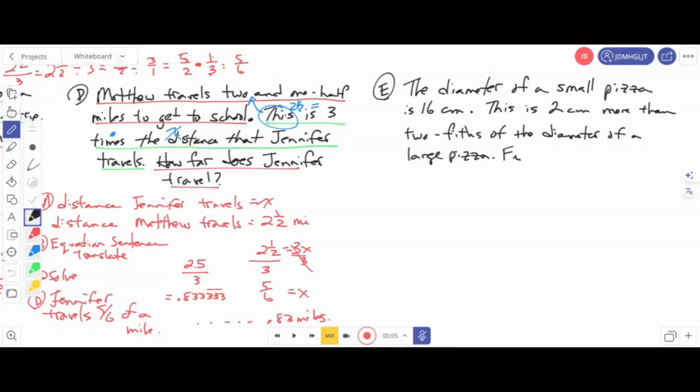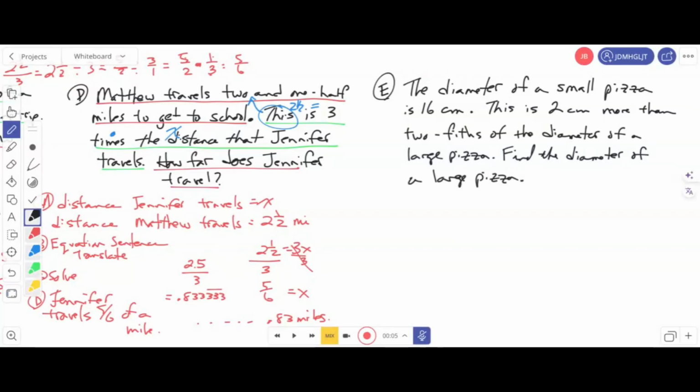Find the diameter of a large pizza. Okay, I want you doing that one. Let me know when you get an answer.